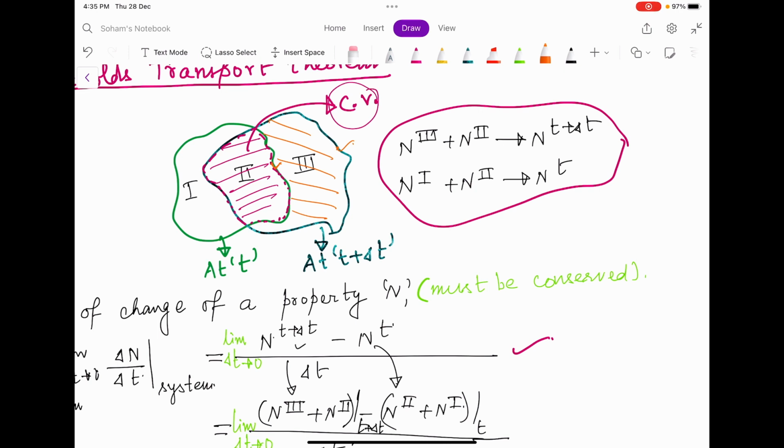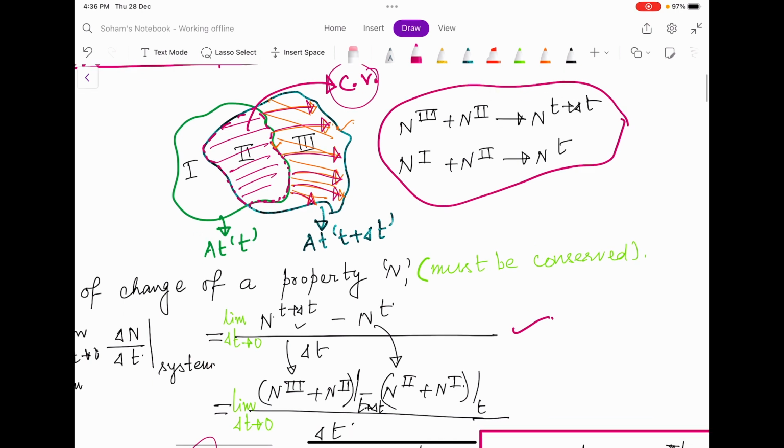So essentially this means that some part of n is going out from this green boundary. So this is the outflux from the control volume, because this green boundary is the boundary of the control volume chosen.